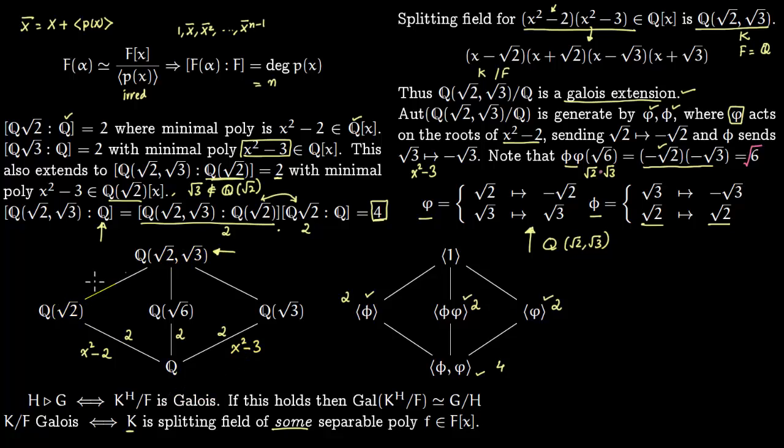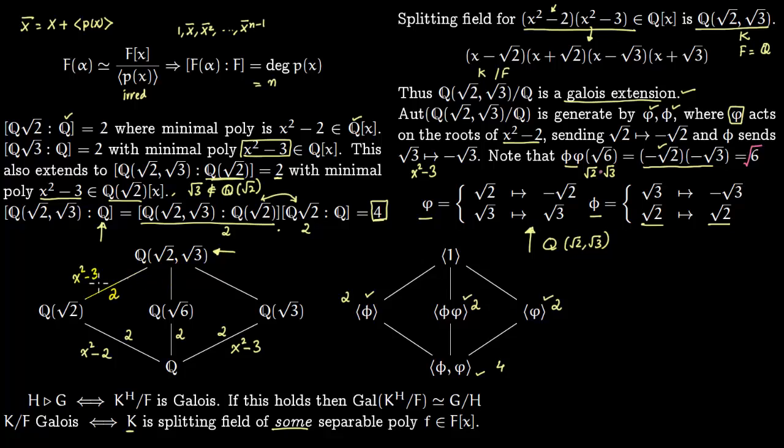Again further, over here you have x square minus 3. So x square minus 3 is our minimal polynomial, degree 2. Here you can either take x square minus 2 or x square minus 3 as the minimal polynomial, because you cannot actually separate square root of 2 or square root of 3 inside this field.